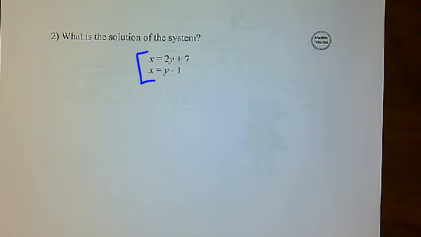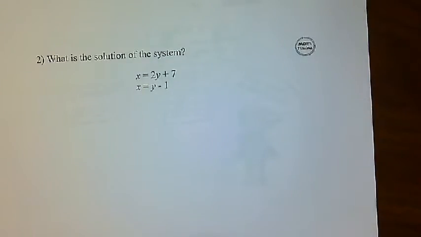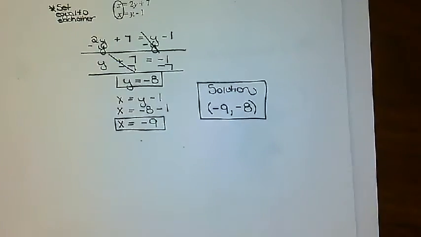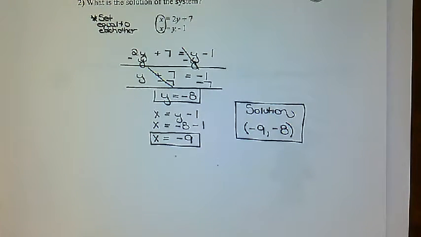So if x is equal to 2y plus 7 and x is also equal to y minus 1, that means that 2y plus 7 must be equal to y minus 1. So we're going to simply set them equal to each other, solve for y, and then plug it back in.